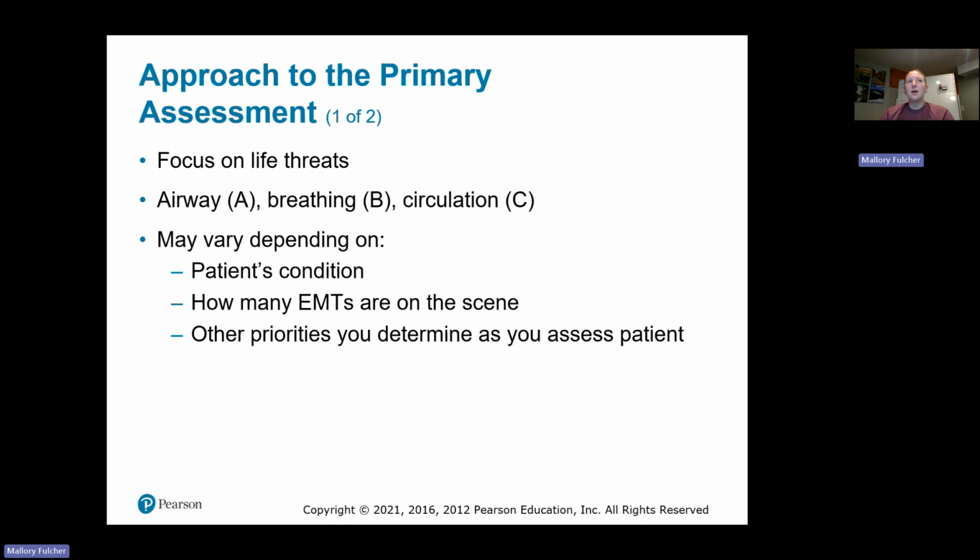So if you have a really complicated patient, a patient that's taking up a lot of your resources, time and skills while you're on scene, it's very possible that the farthest you get in your assessment is airway. It's quite possible, right? In fact, with a lot of patients we never make it past the ABCs because we are so focused on fixing those problems, because with those problems, we don't have life, right? So we've got to fix those.